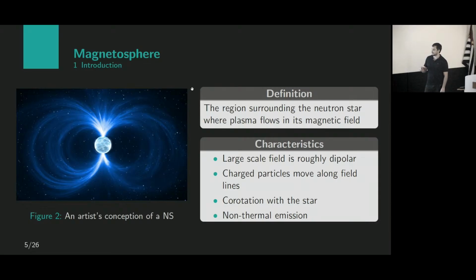Charged particles move along the field lines, and all this structure co-rotates along with the star, even though for magnetars this is not so important. All the non-thermal emission that we observe from neutron stars in general and magnetars in particular comes from this region, and we will see it comes from parts of the magnetosphere that are not purely potential and dipolar, but deviate from this picture.